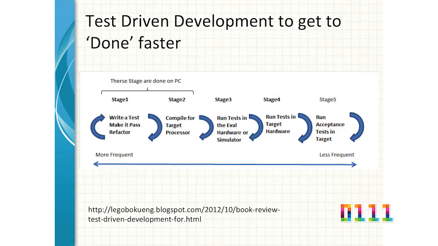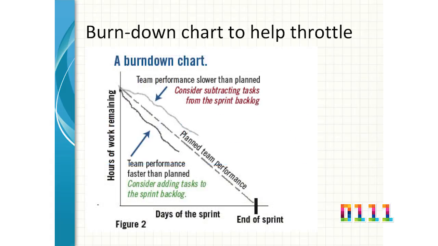Test-driven development, burn-down charts. Matt talked a little bit about estimating and why he doesn't do it anymore. It's true that we can fool ourselves into thinking that our numbers are good when actually we could be doing better.